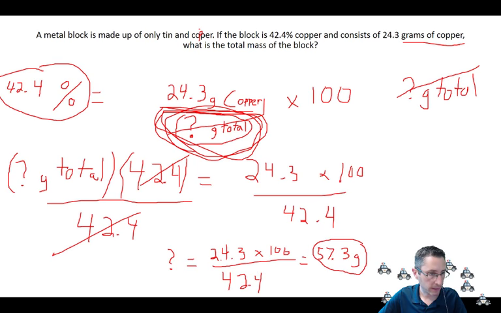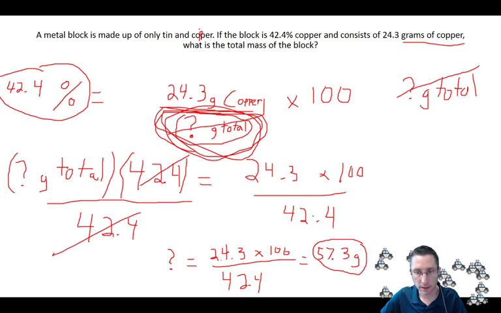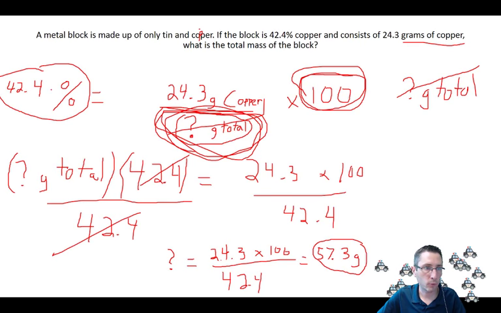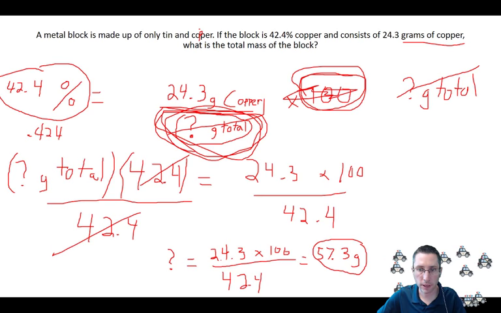Lindsay asked, but you would divide by 0.424, right? Since it's a percent. In this case, no, because I have this times 100 here. If you're using a formula where you want to write 0.424, that's okay, but then you don't need the 100 on the right.